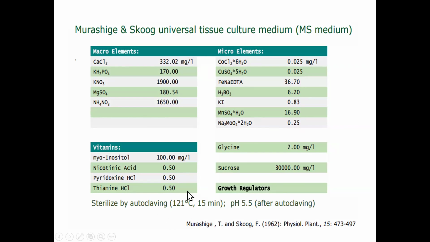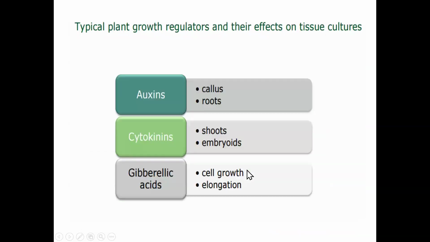And autoclave for how many minutes? 15 minutes at 121 degrees Celsius is necessary. So when you make the tissue culture medium, you must autoclave it, and then you get medium free from all germs. Here you can see lots of vitamins and other compounds, even sucrose, being used.